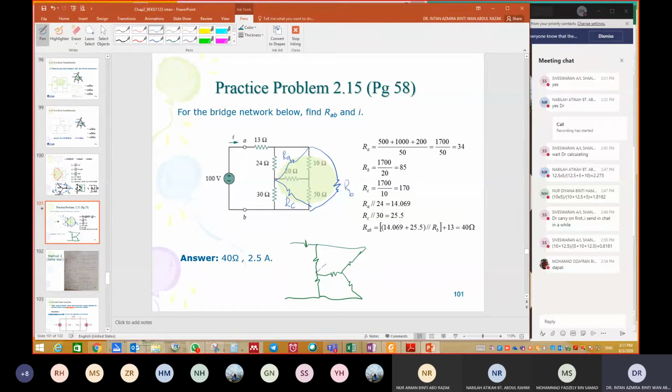The star is here. Calculate and then please redraw the delta.